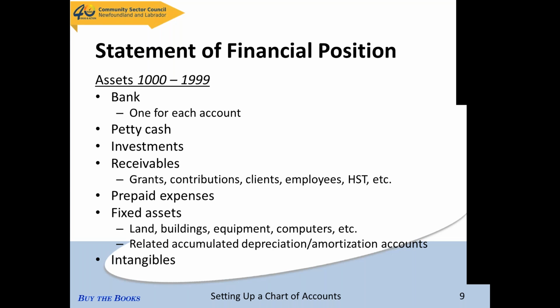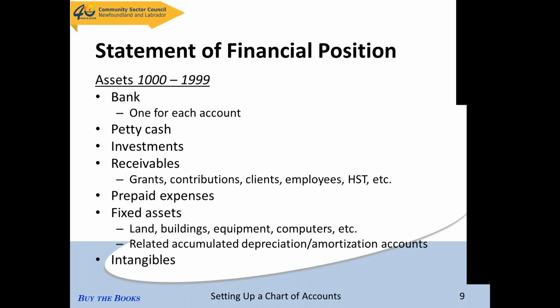If you have 3 different bank accounts, then you will assign a different number to each bank account, because of course you have certain transactions that go through one account and not the others. So you want to make sure you're recording your transactions in the correct respective bank account.